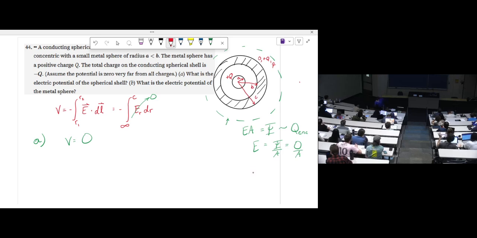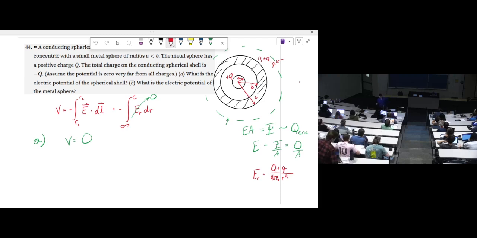And E sub r instead would come out to be q plus little q over 4 pi epsilon naught r squared. So you would have to integrate that from infinity to C. Good question. That would give you the electric potential there at C.